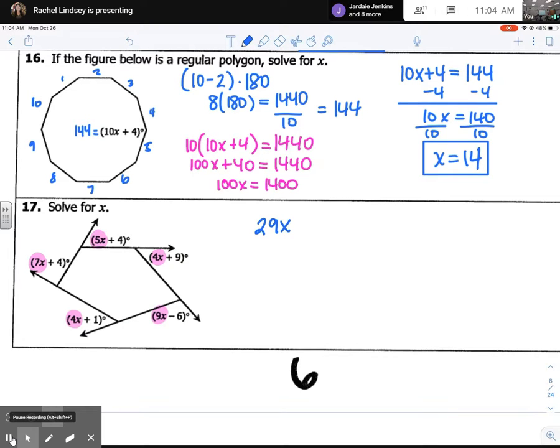So 29x. And then 4 plus 4 is 8, 8 plus 9 is 17, 17 minus 6 is 11, 11 plus 1 is 12. So I have 29x plus 12 equals 360.